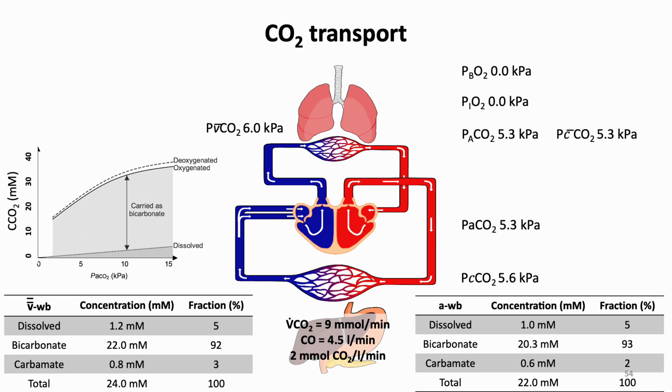And that means that there's a rather large reserve of CO2 in the blood, which is pretty neat because this enables the respiratory system to adjust CO2 levels in acid-base homeostasis.